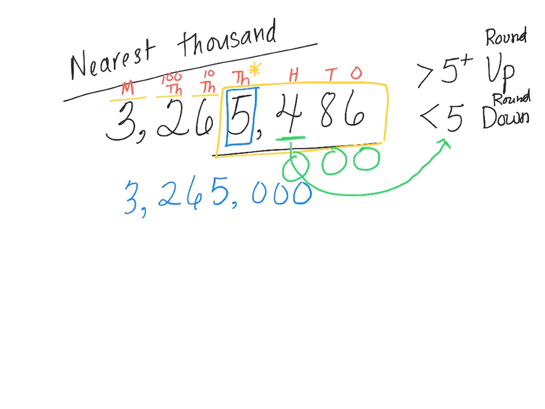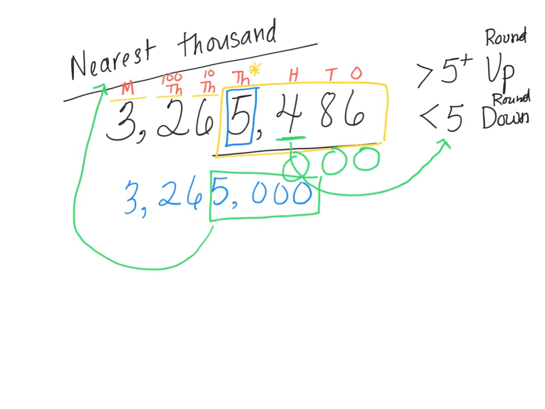And you can see 5,000. So I have rounded to the nearest thousands place. The millions place did not change. The 100,000s place did not change. And the 10,000s place did not change. But the thousands, instead of 5,486, now I have just 5,000.